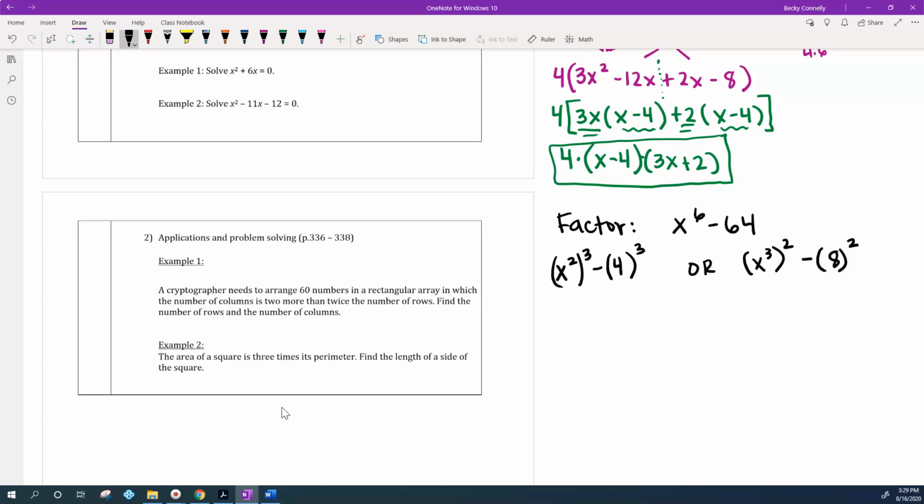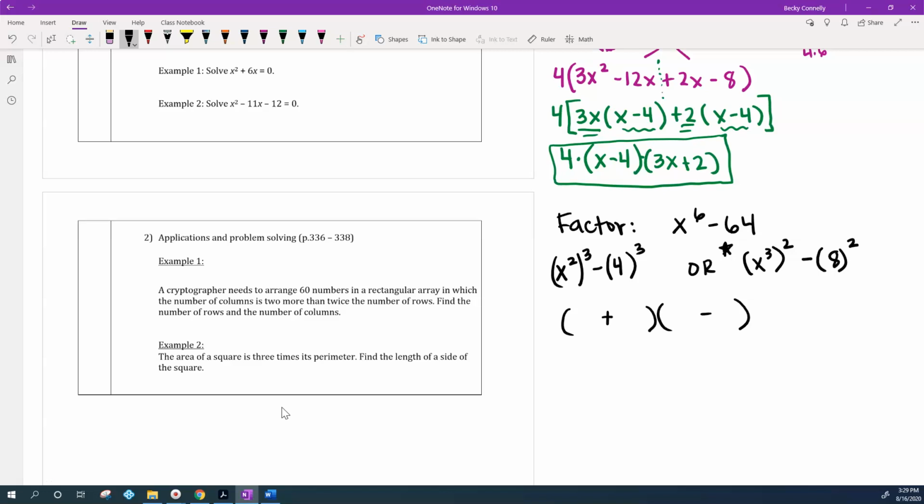Okay, so I'm going to go ahead and use that second one that I just wrote down. If I'm writing a difference of squares, remember that's when I have two different parentheses, one connected by plus, one connected by minus.